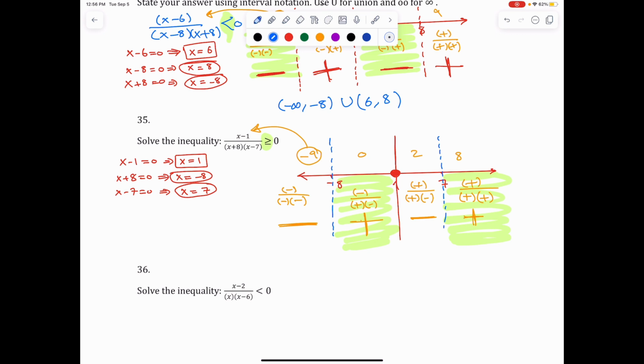So the solution is going to be from negative 8, and it ends at 1, inclusive 1, union. It starts from 7, it goes all the way to positive infinity. So this interval.